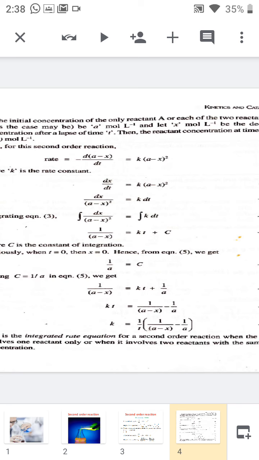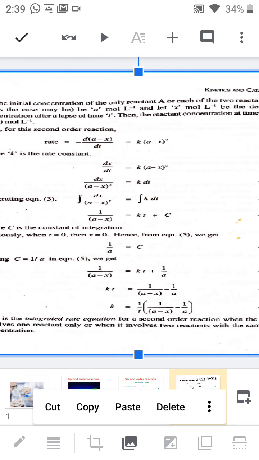Then for the integration we have to take the x term on one side. So we move the (a minus x) term to the left hand side, and the term dt to the right hand side. So our equation becomes dx by (a minus x) whole square equal to k into dt.